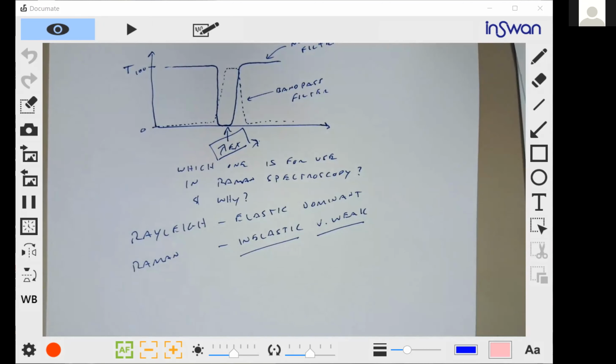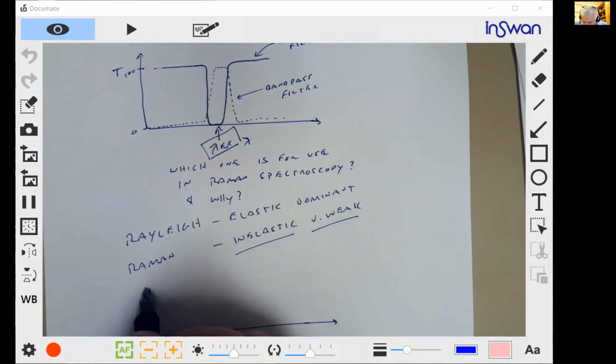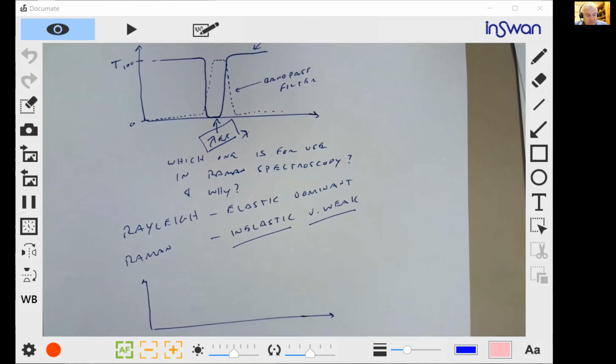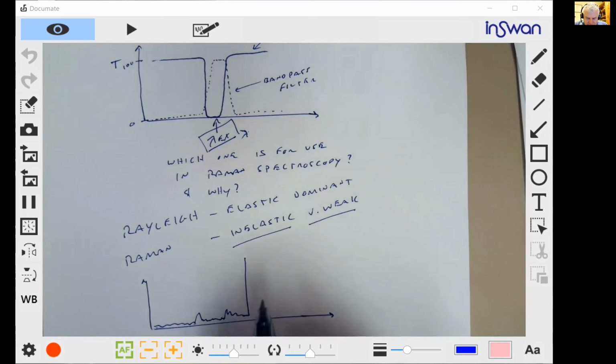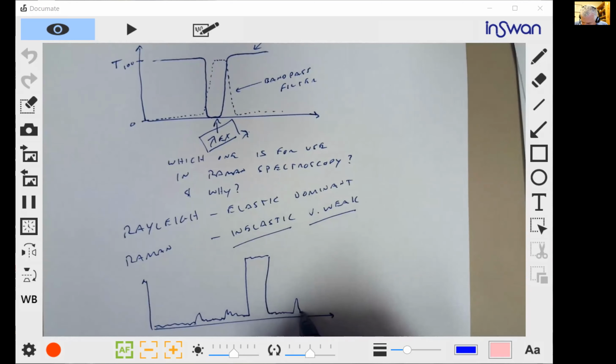But your rationale was correct, right? The rationale is that you want to collect the photons that are not at the laser wavelength. We actually had an unfiltered Raman system when I was an undergraduate. They used the helium neon laser and scanned it, and it registered a peak, then went off scale, and then came back down.